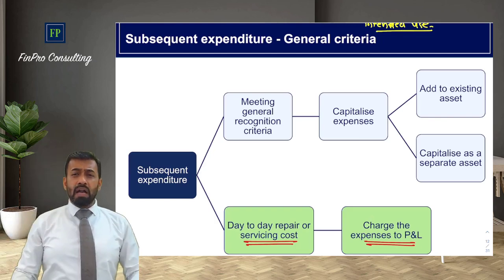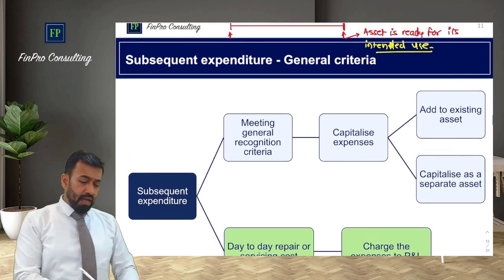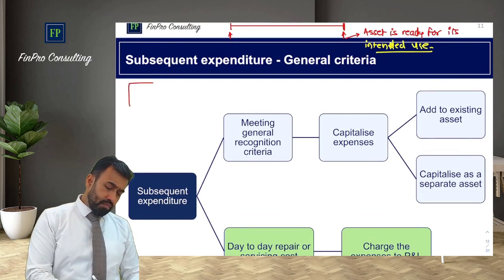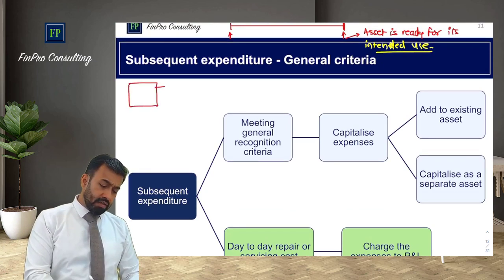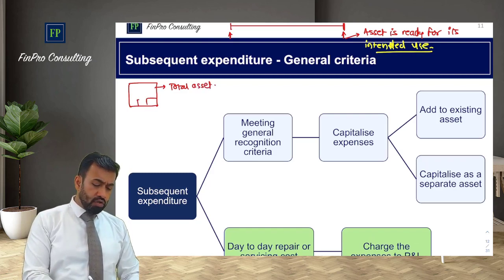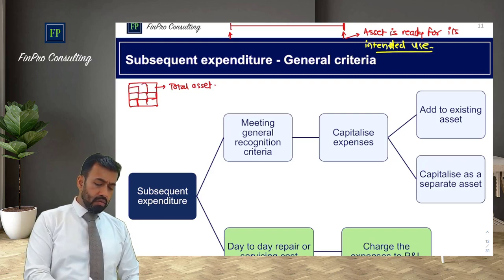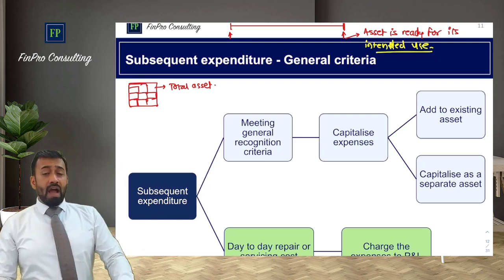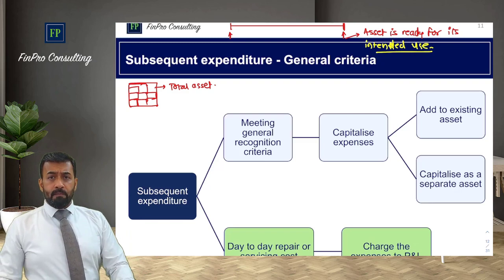However, there are certain expenses. Let's say this is a total asset. The total asset is comprised of small assets or small components which have a different useful life.